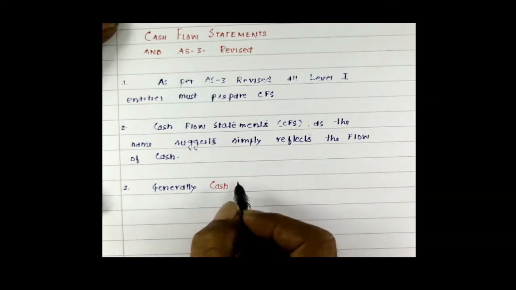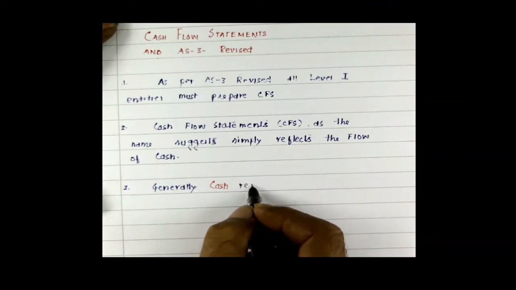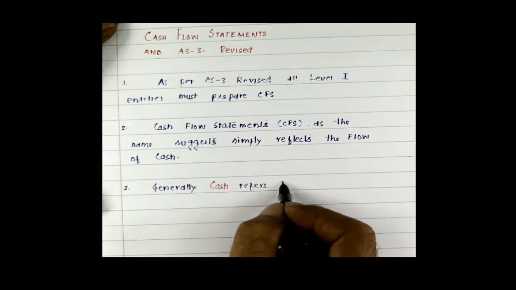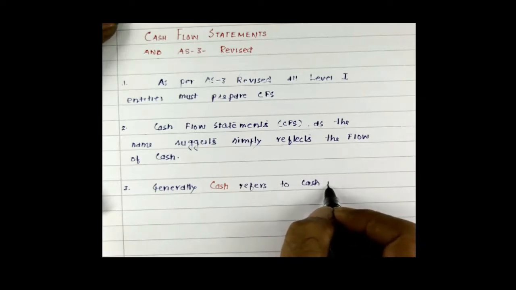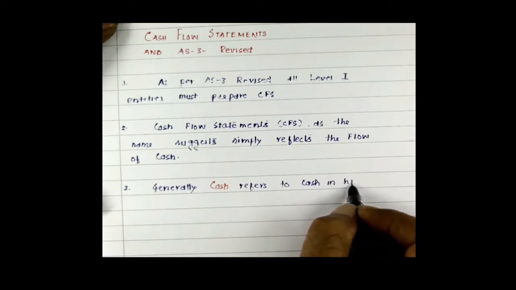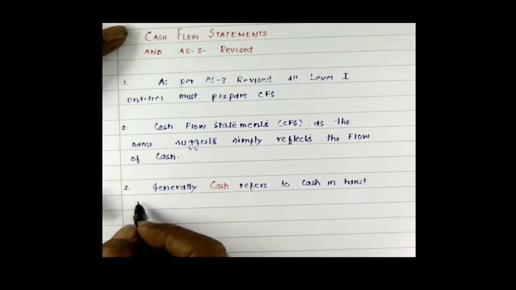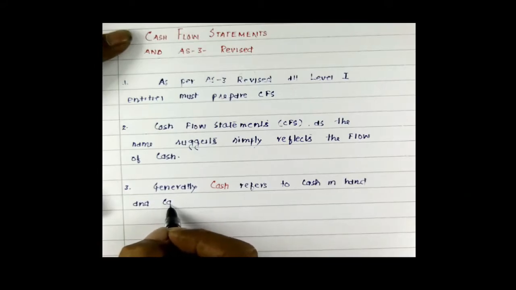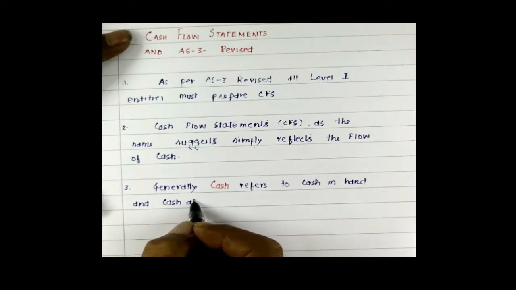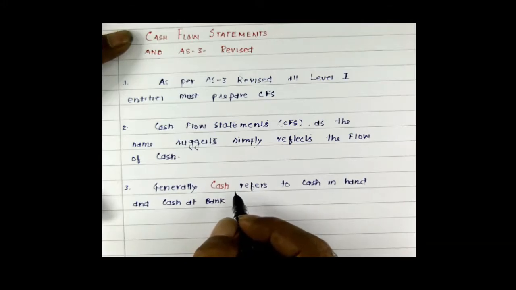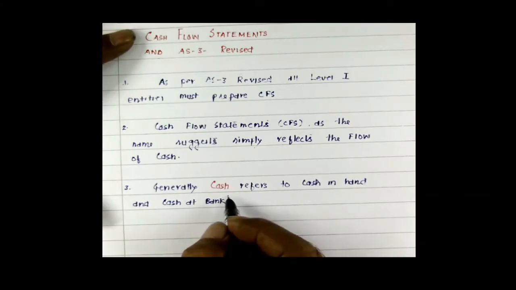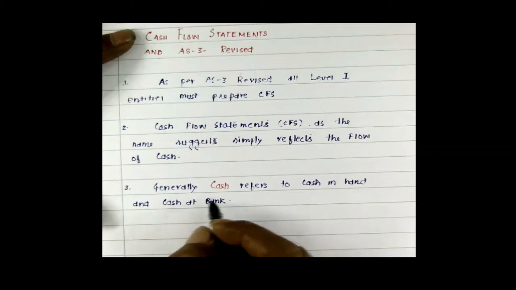So cash generally refers to cash in hand and cash at bank. Generally, when we say cash, it means cash in hand and cash at bank, correct? Full stop.